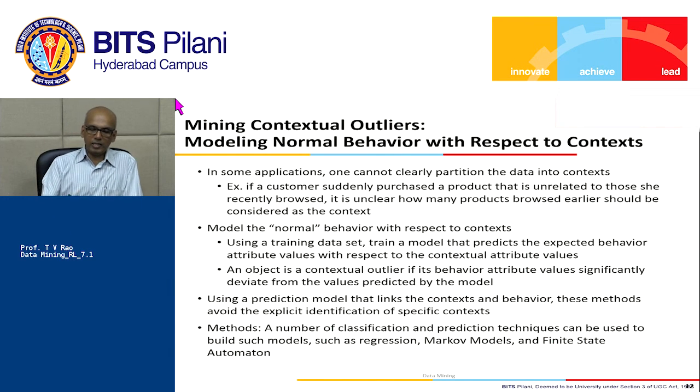Here you essentially require training data, so that will help you predict the expected behavior. A contextual outlier is one where the behavioral attributes differ significantly from those predicted by the model created from a training data set. In this case, there are numerous prediction and classification techniques that can be used.